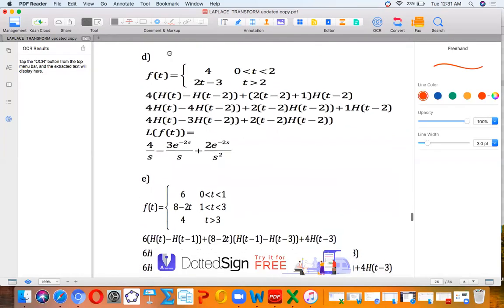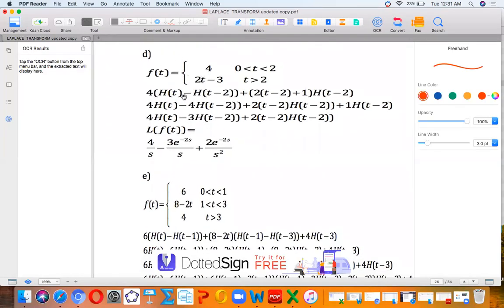Now, if you look at this, this is a step function, and a step function can become a unit function, can become a second shift function, as you see. So we have this 4, that's the 4 here, and then now we rewrite this in terms of h.